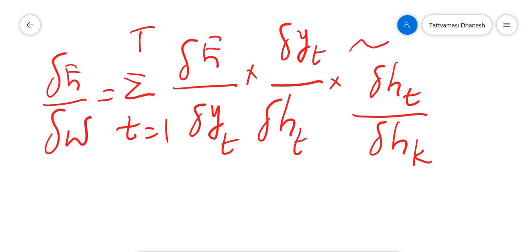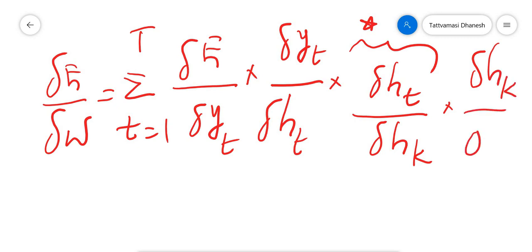This is very important, I will explain it. Into dou of HK divided by dou of W.